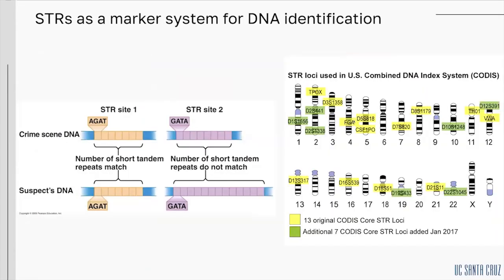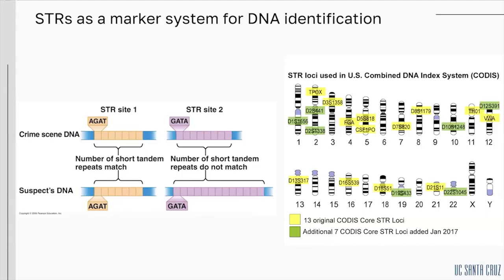Traditionally, short tandem repeats, or STRs, are used as a marker system for genetic identification in forensics. These are microsatellites with repeat units ranging from 2 to 7 base pairs in length, with the lengths of the repeats varying across individuals, making this type of genomic variation especially valuable in identity analysis.